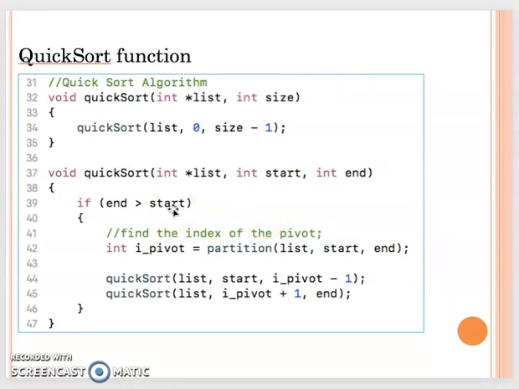Earlier we said the size must be greater than 1, so as long as the end is greater than start, the size is greater than 1. Then you call your partition function. Once you get your pivot index, you can call QuickSort again for the 2 lists.